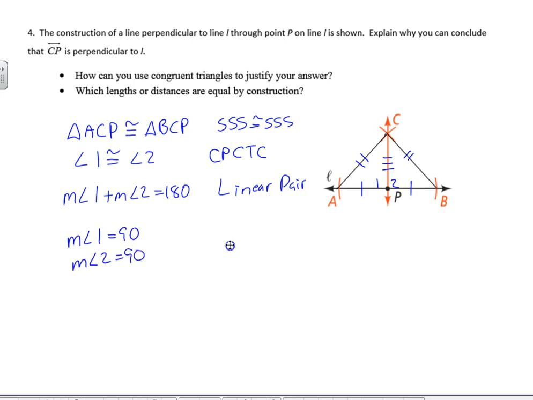So it's like, if two angles are congruent and form a linear pair, then they are right angles.